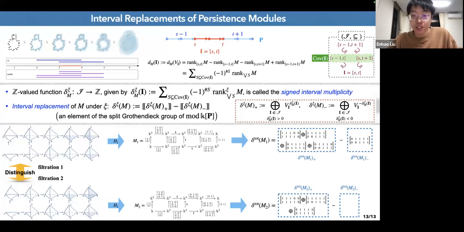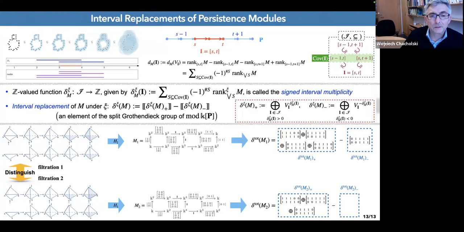But I think it's also possible to get a projective presentation, not minimal maybe, for any interval module V_I, because in our paper we already give the projective presentation of V_I.